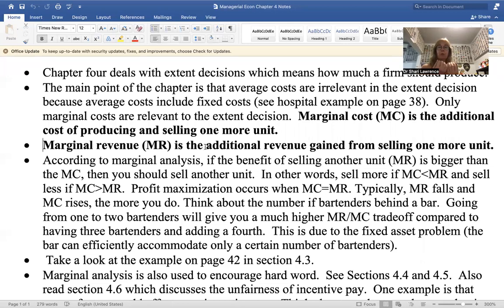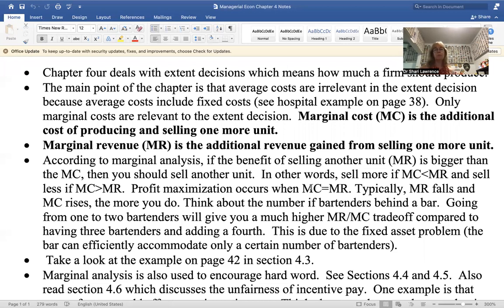You sell more up to a point when marginal cost is greater than marginal revenue. If you get to that point, then you drop back down. So profit maximization occurs where marginal cost equals marginal revenue.